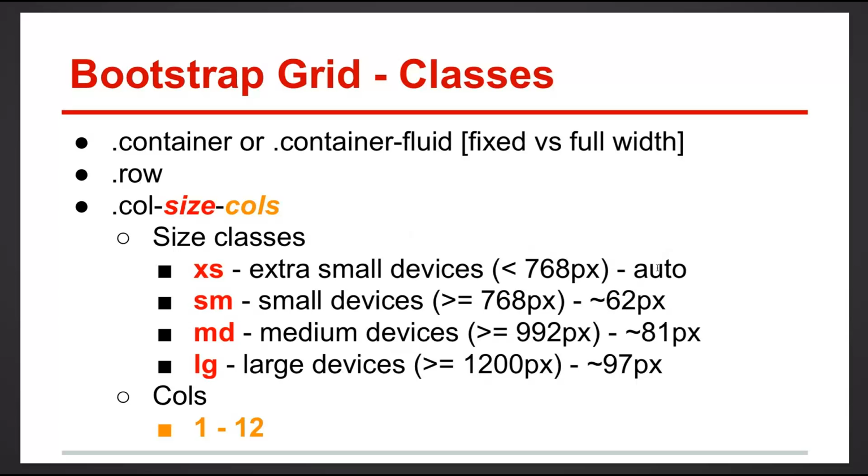Anything bigger, you'll actually have your row. And it's a little confusing. We're going to look at some examples. And we also have the average size of each column based on a screen size right here. So 62 pixels, 81 pixels, 97 pixels. And the columns can be from 1 to 12, and it's pretty much telling the grid how many columns you want, or what percentage of the row you want the column to take.